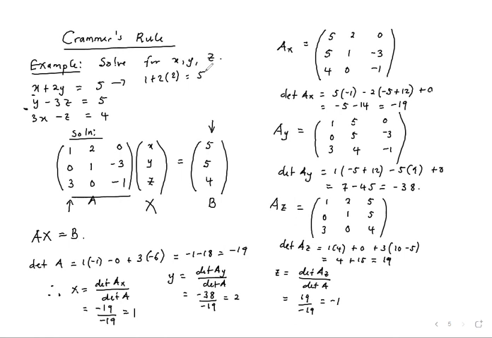When Y is 2 in the second one, Z is -1, for sure we get 5. When X is 1 and Z is -1, we get 4. So you can check in your equations if the equations are satisfied. And we have checked and they are satisfied. And we call this example 1 on Cramer's rule.